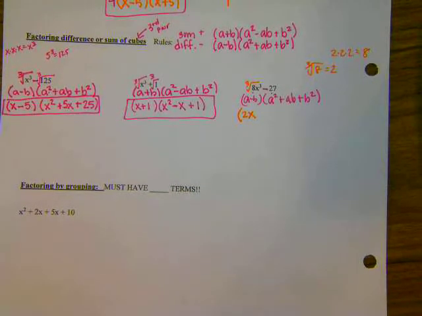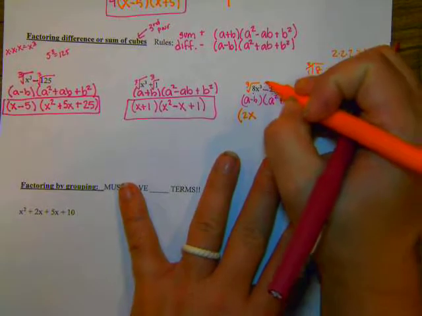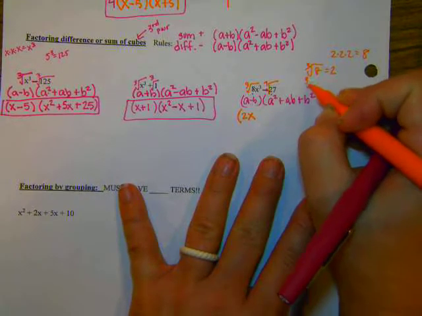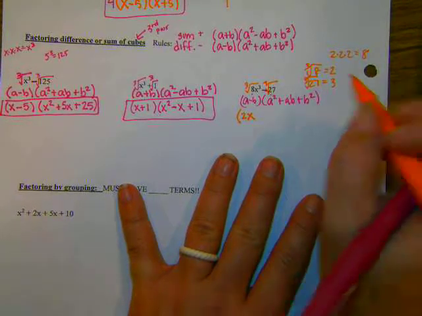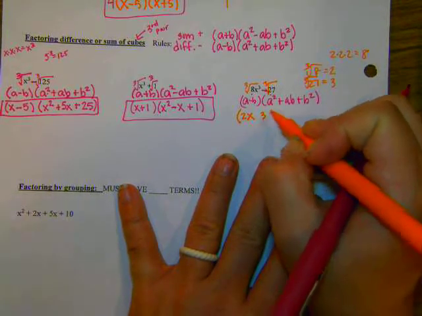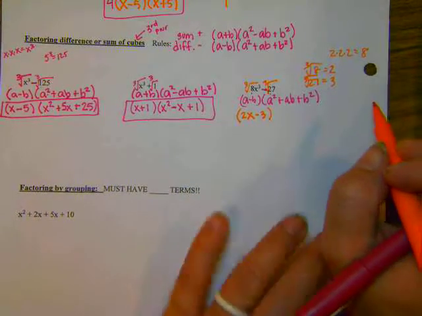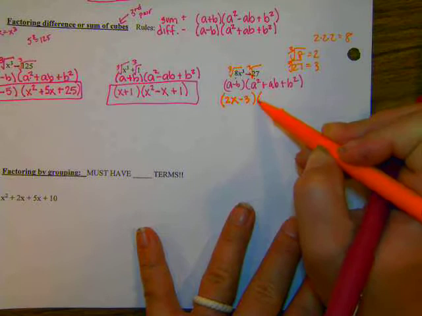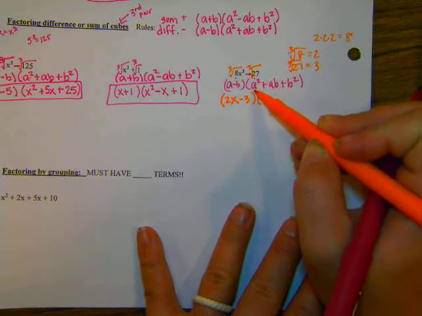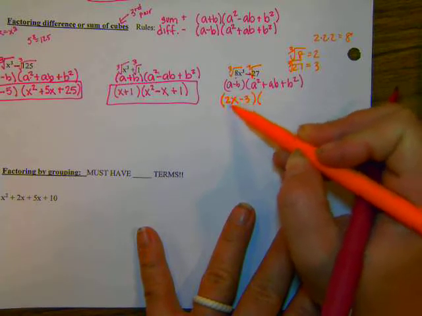The cube root of 27 is 3, because 3 times 3 times 3 makes 27. So B is going to be 3. Once you get that A and that B, you follow the rest of the rule. Now here's the thing. It says take A and square it. It's not 2x squared.